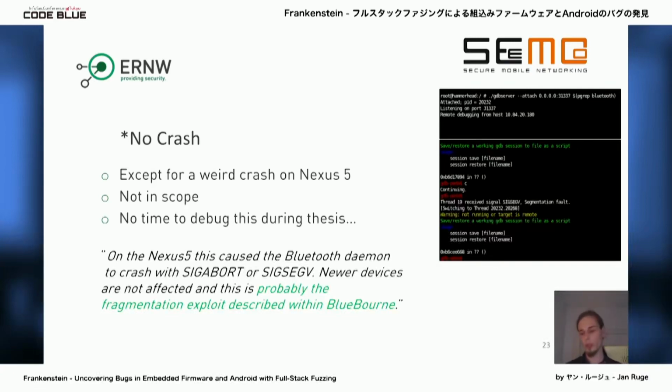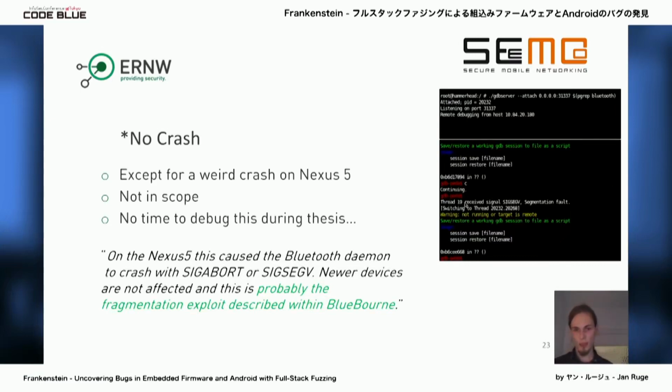because we had already put a lot of effort into understanding this particular firmware. For some reason, I managed to crash the Bluetooth daemon using the fuzzing approach I described earlier. The problem here is that Android itself wasn't really in scope. I had no time to debug this.